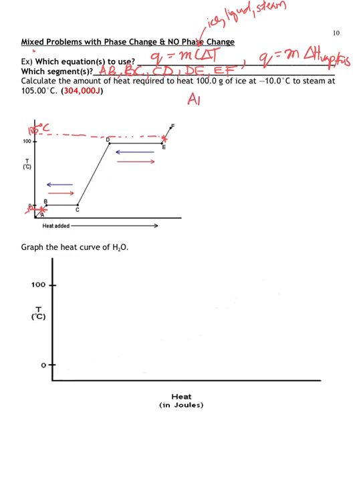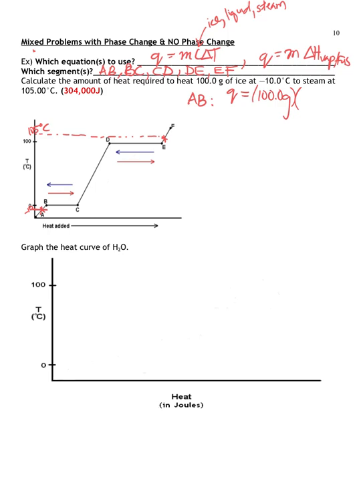So I'm going to organize it by segment. I'm going to start off with segment AB. Segment AB is along this track right here, AB. And that's when you're still heating, so there's changes in temperature, so it's a MCΔT situation. And the MCΔT situation is Q equals M, the mass of the ice is 100 grams.